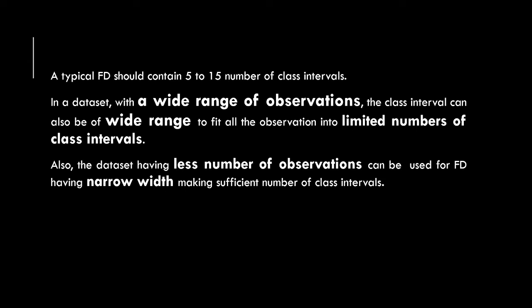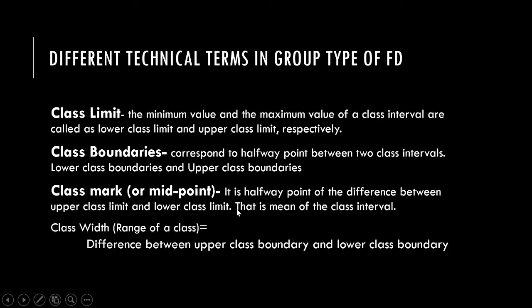Also, when there are a limited number of observations in a data set, the width of the class interval can be small, which will add a sufficient number of class intervals. There are many technical terms in grouped type of frequency distribution which are important to understand.